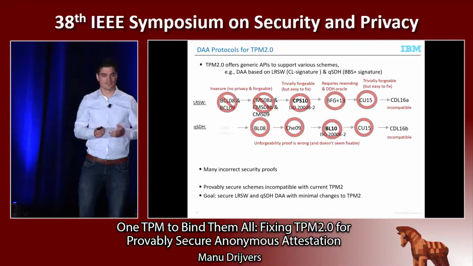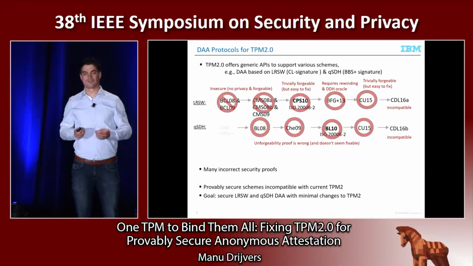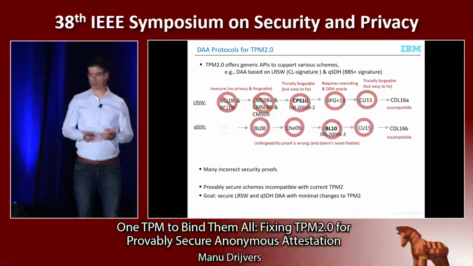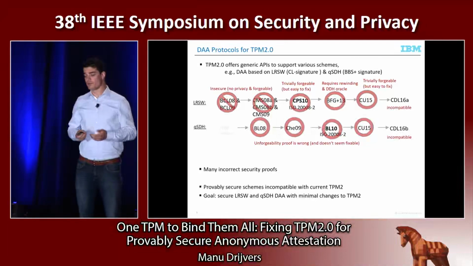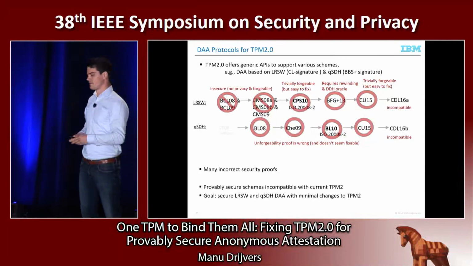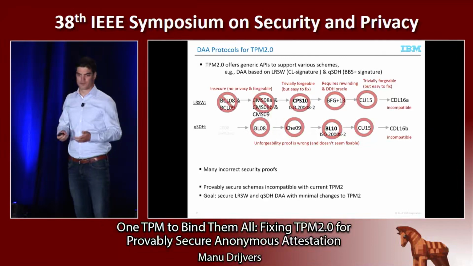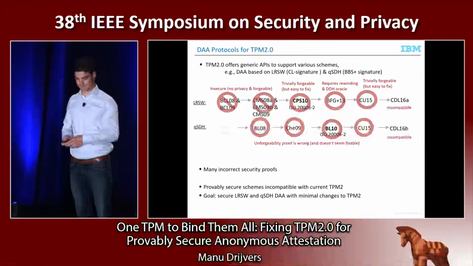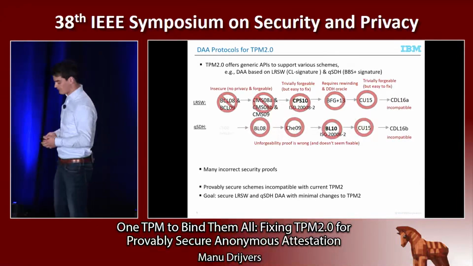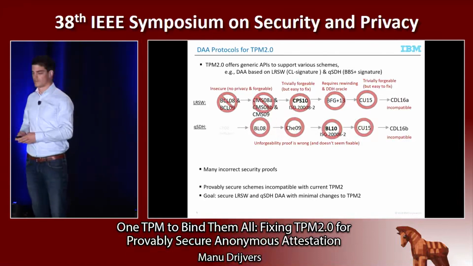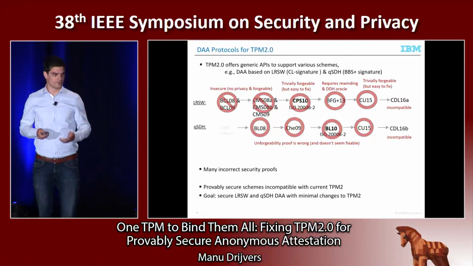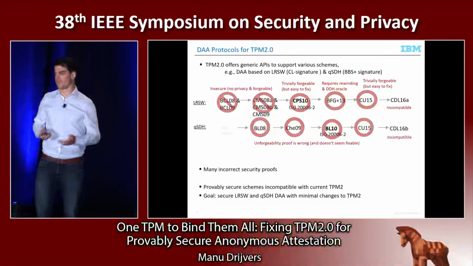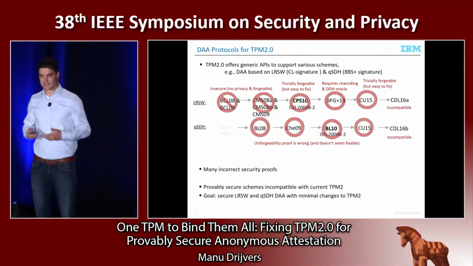Because the TPM is a very lightweight chip that only has a handful of commands, and it's very hard to keep state between commands. And it would be very difficult to implement those two schemes on something like this TPM2 is. So we have a problem. We want to do anonymous attestation, but there's no provably secure scheme that can do that with something like the TPM 2.0. So that's our goal of today.